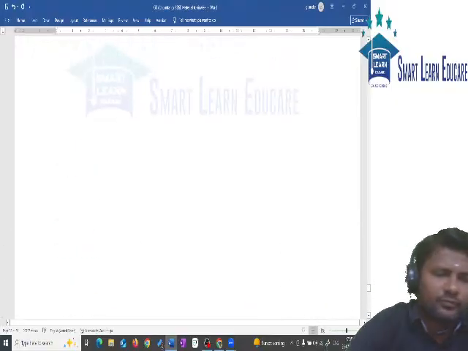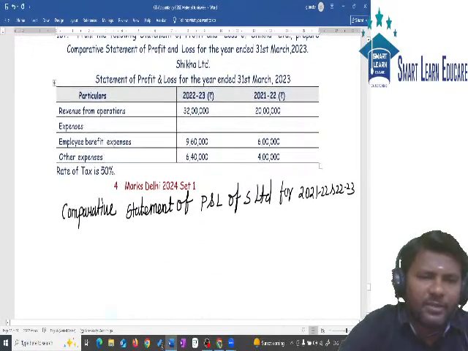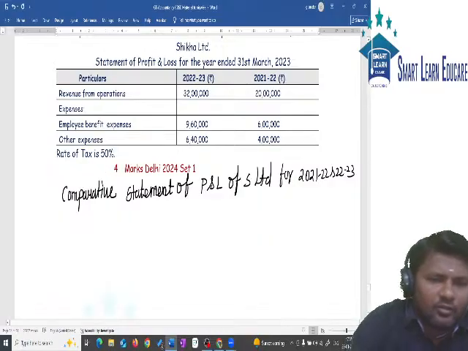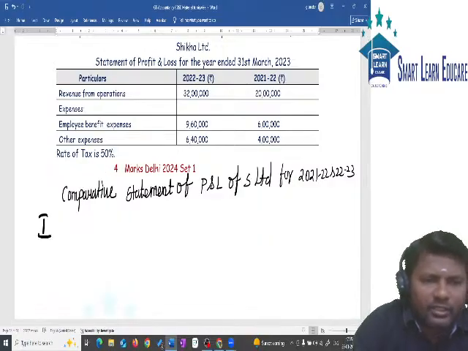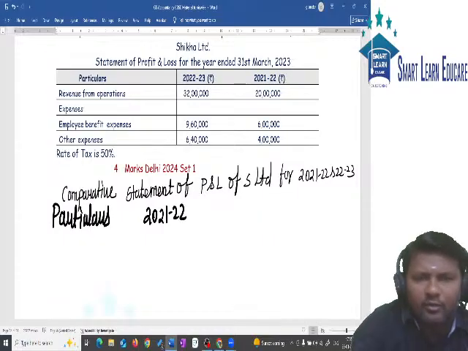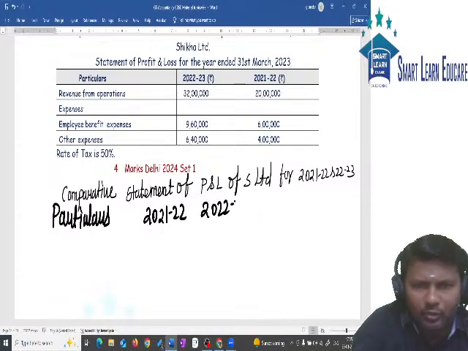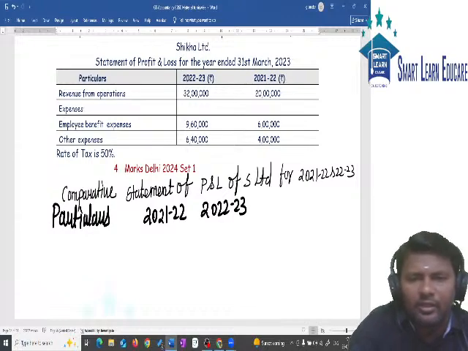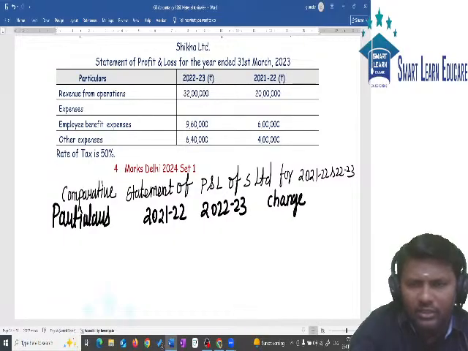First, what is the first information? So Roman letter 1, it is revenue from operation. Also you can write particulars, for the year ended 2021-22, for the year ended 2022-23, and the absolute change and the percentage change.